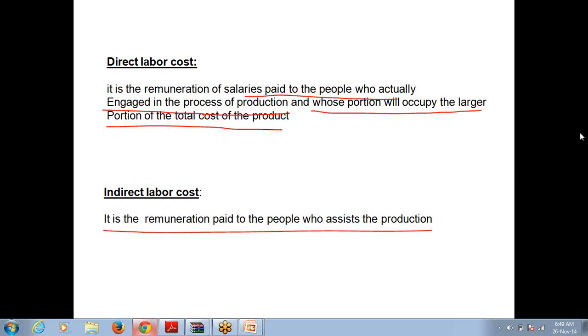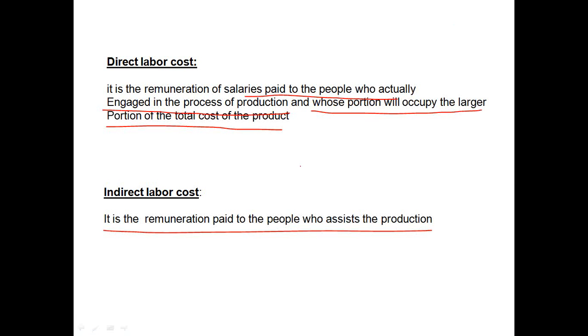Now, coming to labor, let us discuss the labor cost. Indirect labor cost means the remuneration paid to the people who assist the production. For example, we have one department in which we are producing computer tables. We have 10 workers. Each worker is producing a table a day, and for each worker, we are paying $50 as daily wage.